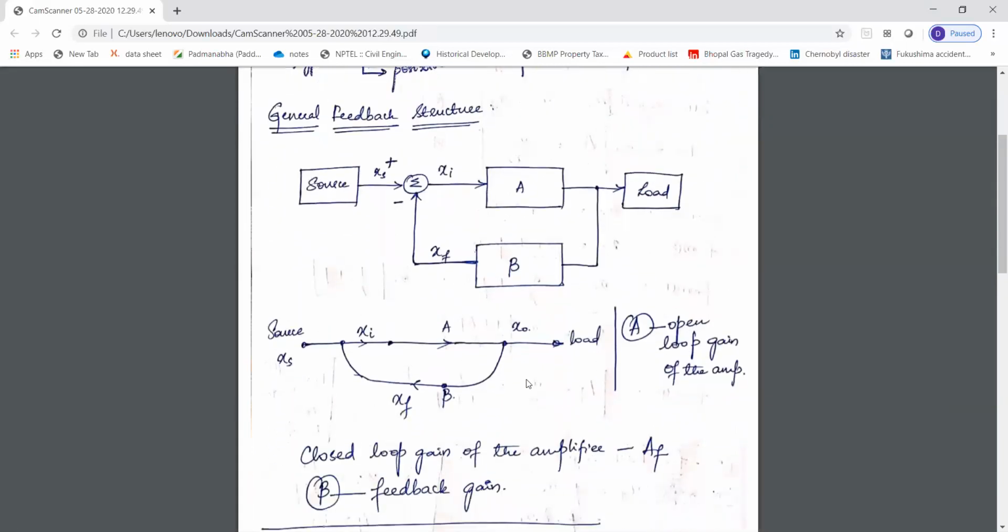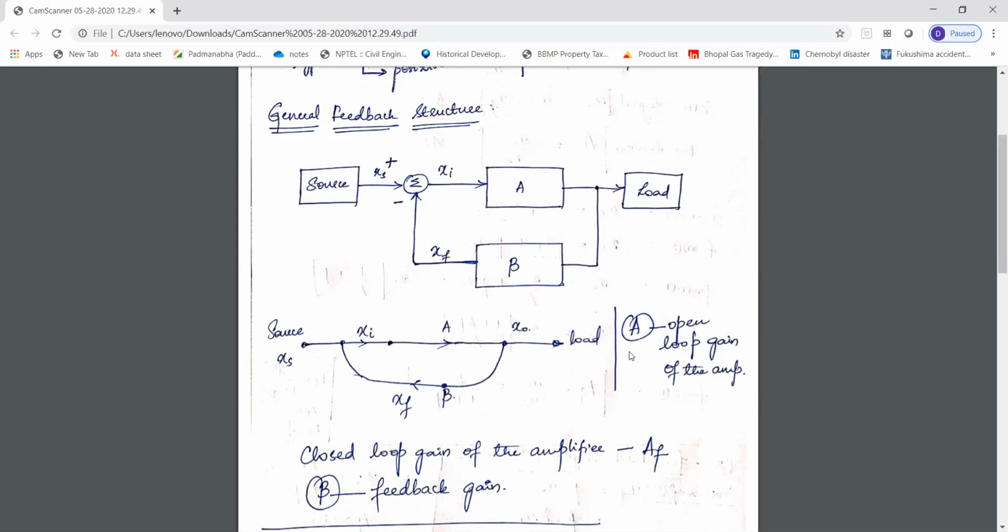Next, this is the signal flow graph written for this system. You have studied the concept of signal flow graph in control system subjects. It is written for your reference, so that you can easily identify that a loop is formed whenever feedback is present in the circuit.